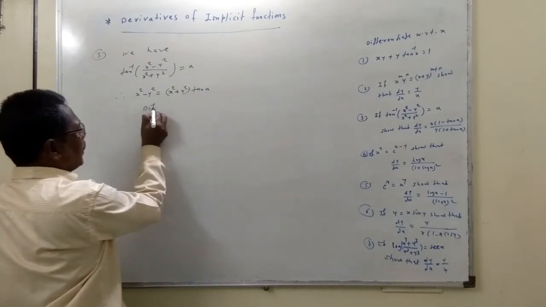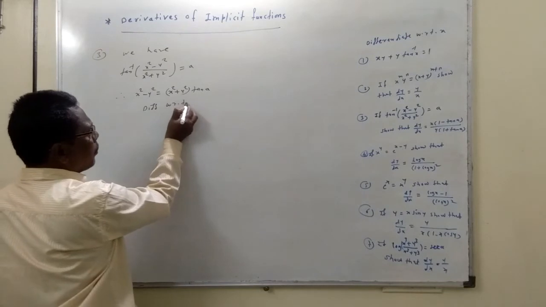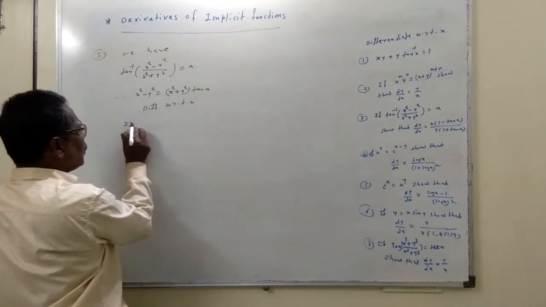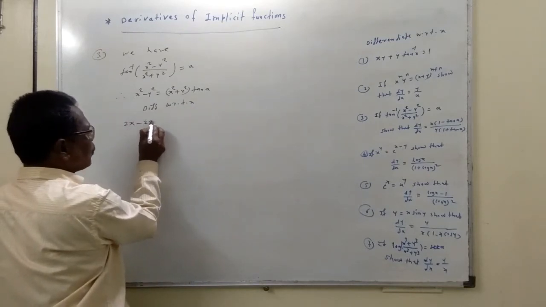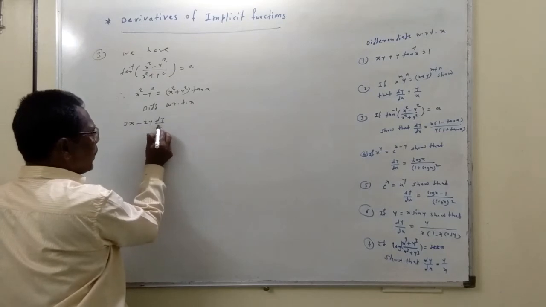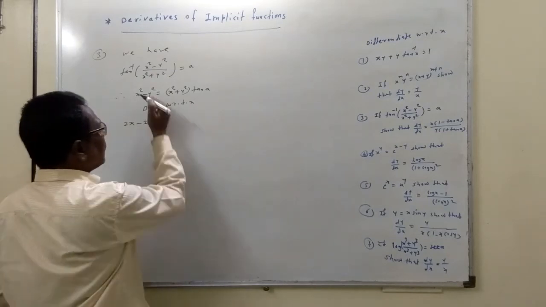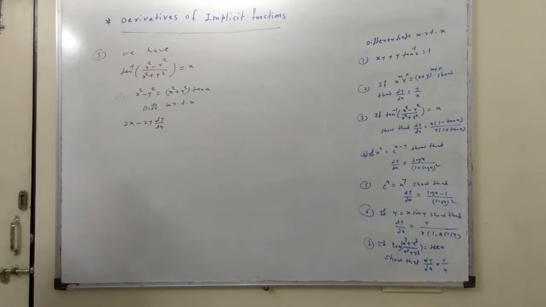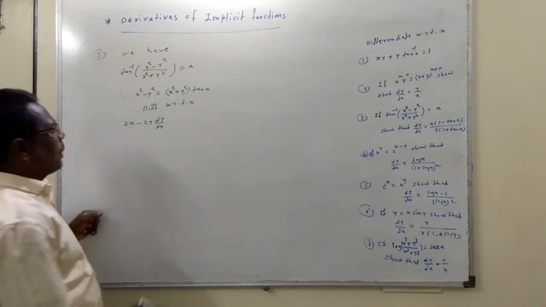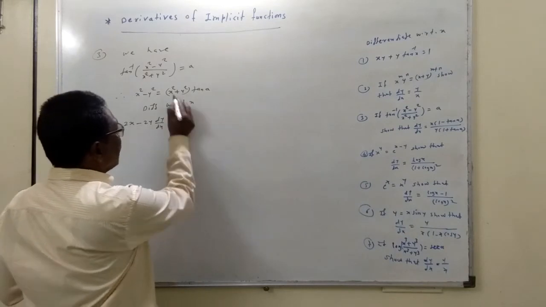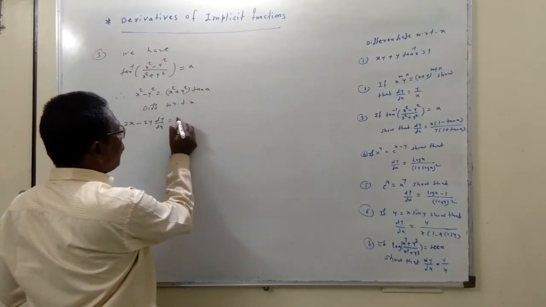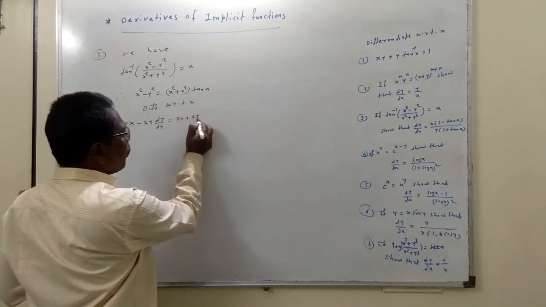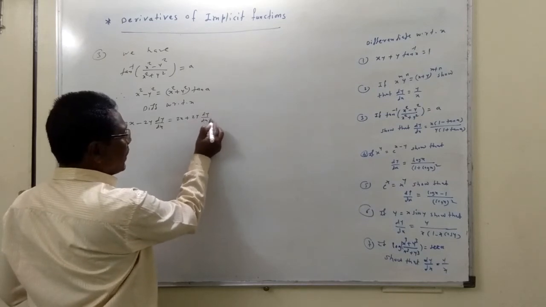Now differentiate with respect to x. So x square derivative is 2x, minus y square is 2y, and y with respect to x is dy by dx. This is the derivative of y with respect to y first, and then y with respect to x. X square derivative 2x and y square is 2y dy by dx.